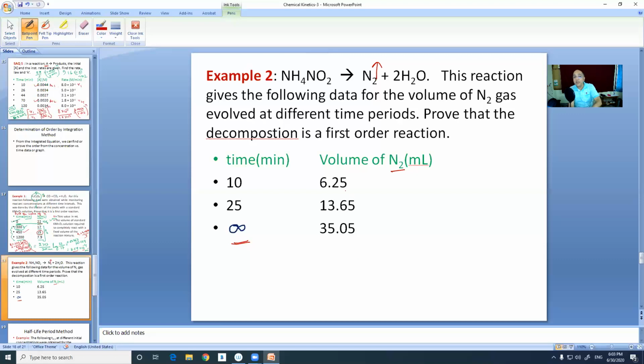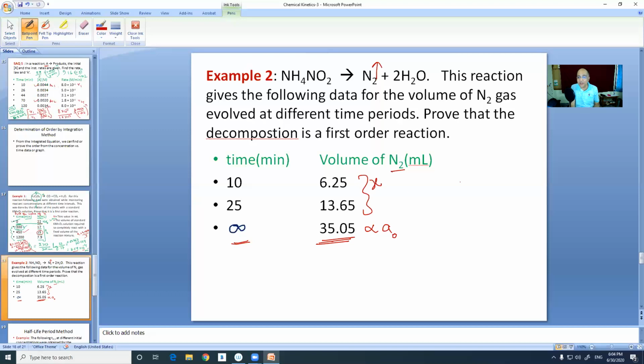Anyway, he is following the product. Now the final value, the infinite time, corresponds to A0, because all reactant gone means all product. That means all product means all reactant. So this is proportional. These are products. These are all X values.